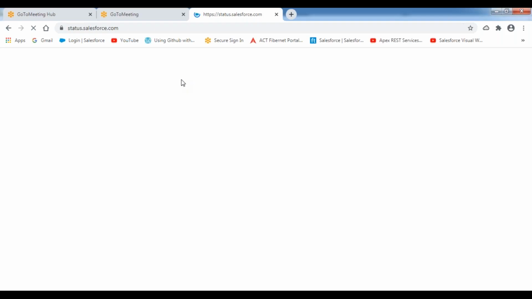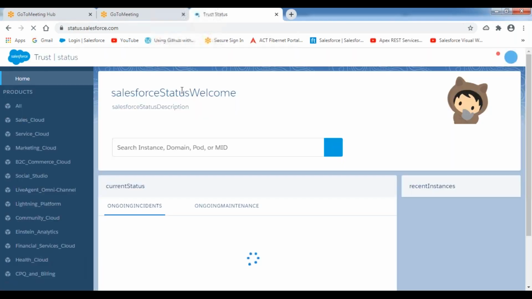All the servers' information we can verify, along with the current status of each and every server, the historical information, and the maintenance calendar for the next 1 year. That possibility is available. So how can we verify the status of the servers?